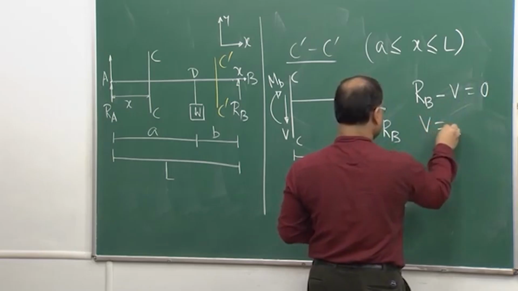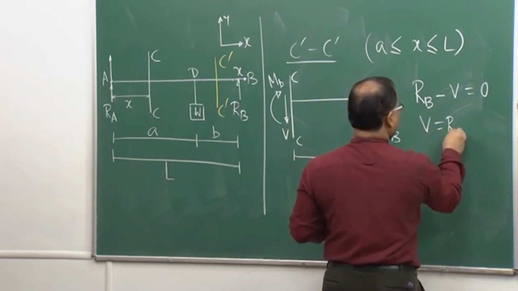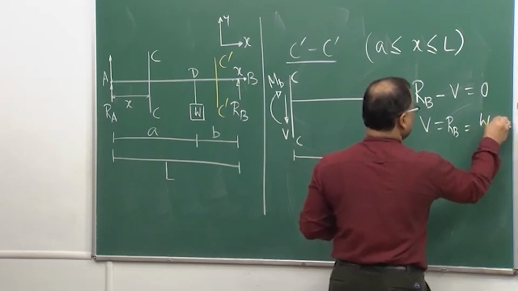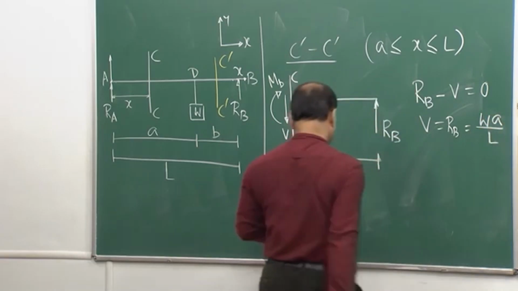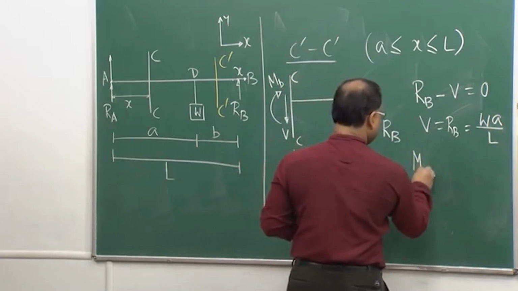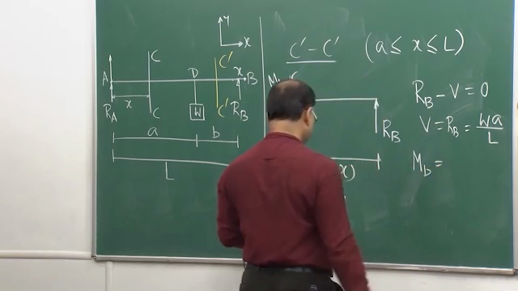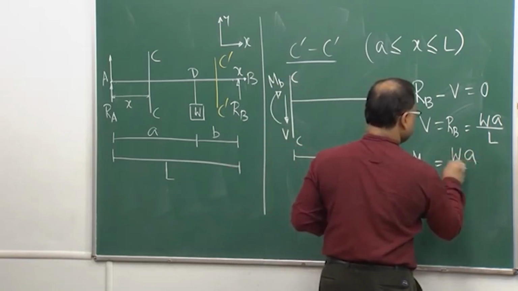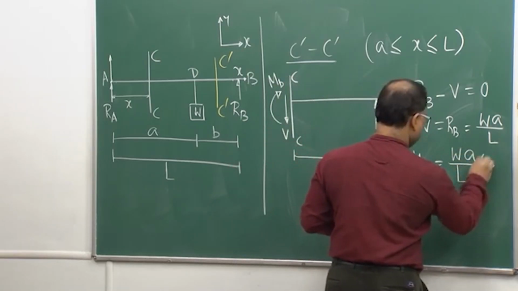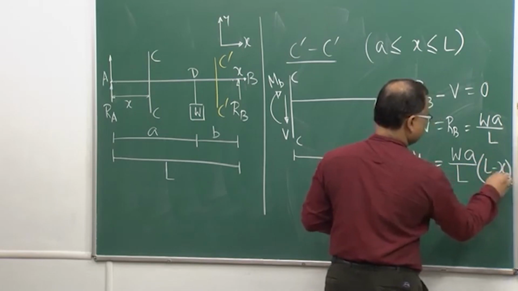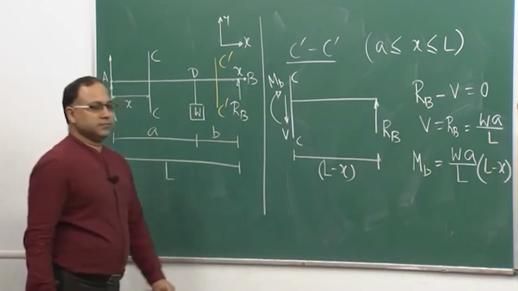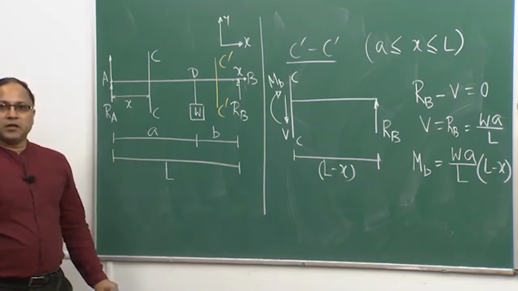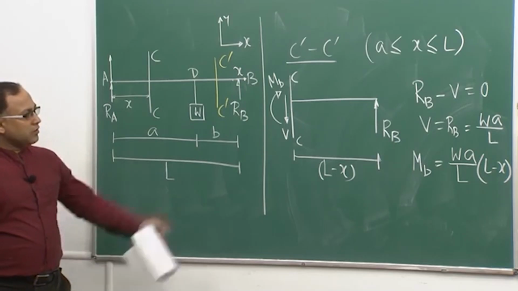So, therefore, V is equal to RB is equal to WA by L, okay, and MB I can find out, you can get it as WA by L into L minus x, okay.